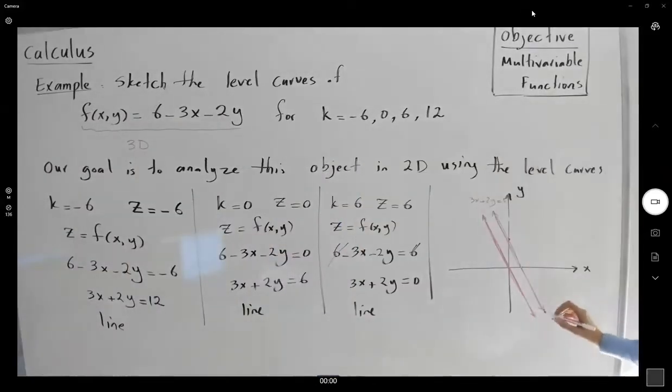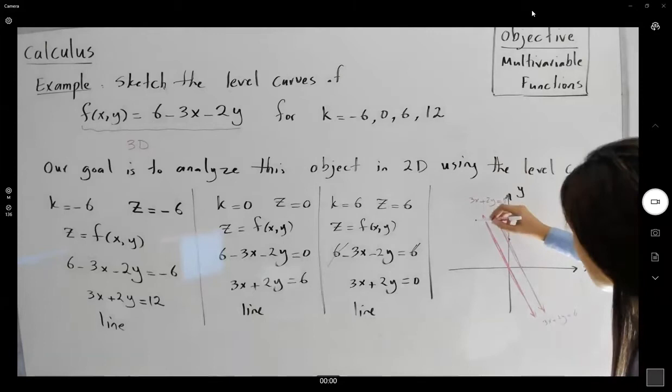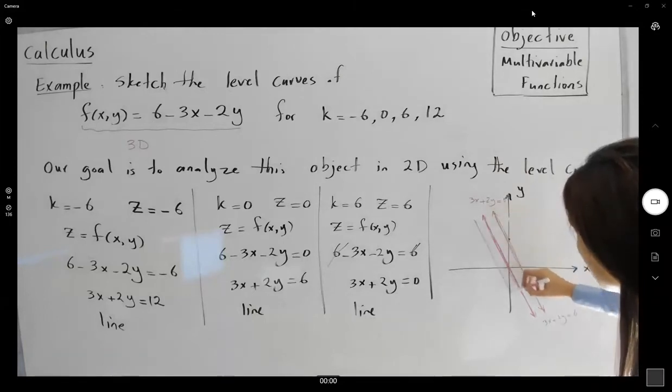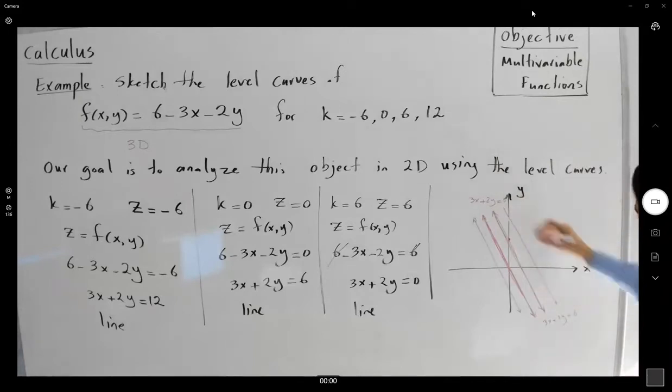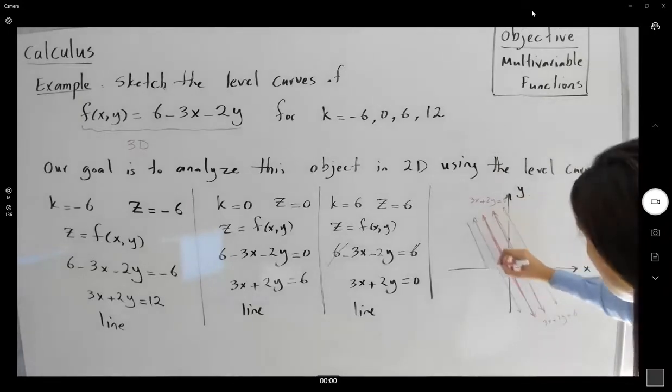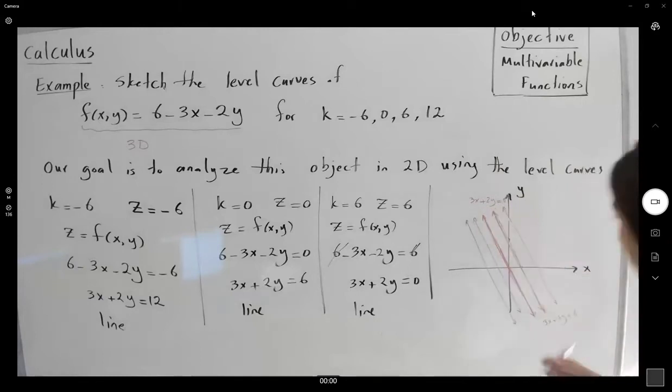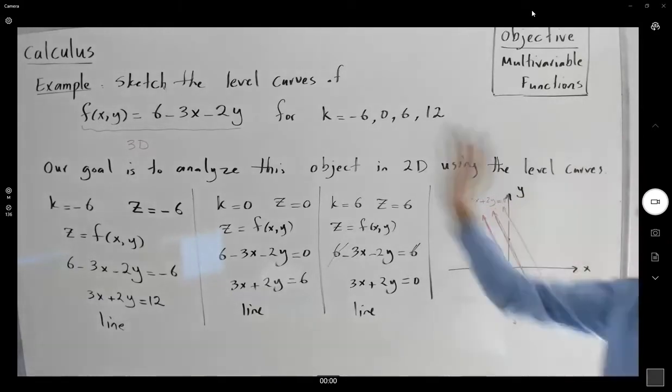So our next line, 3x plus 2y equal to 6, and the rest of these lines, just continue graphing the rest of them. These are all part of the level curves of this object.